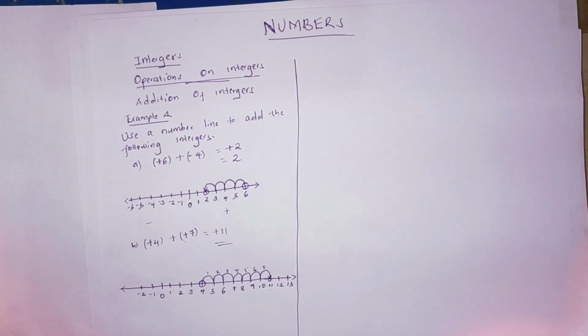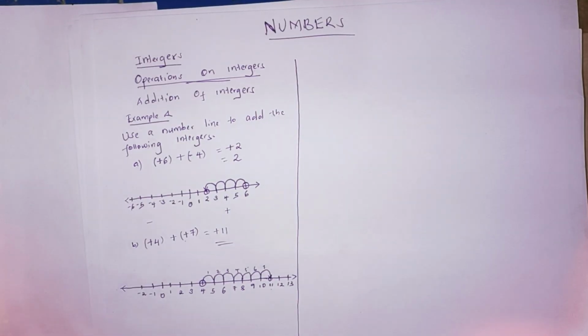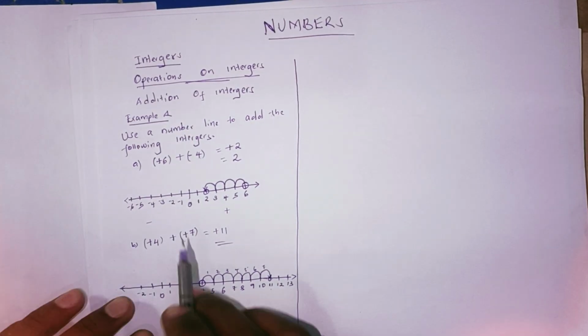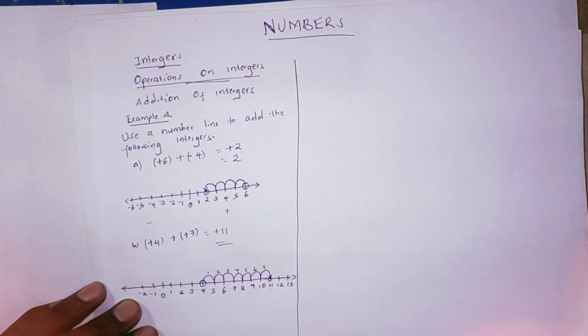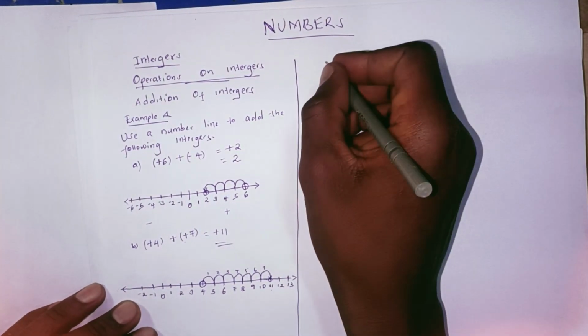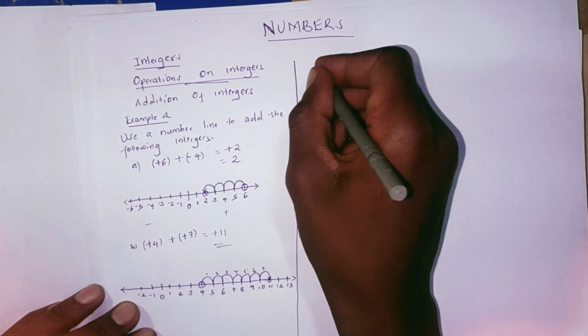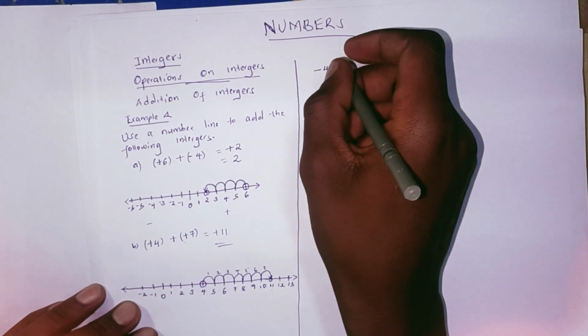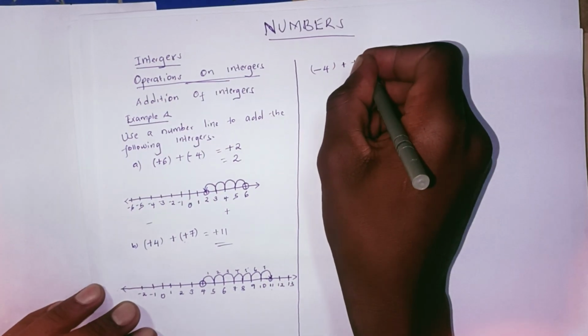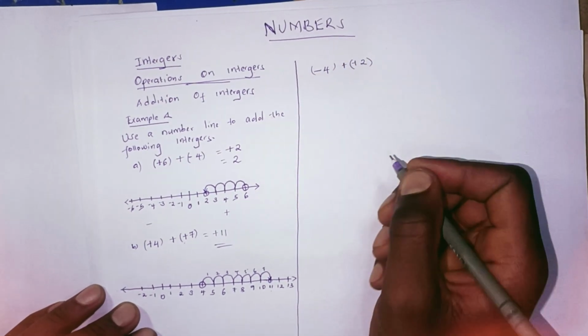Then I am sure that with this operation, you can tackle any other problem. I began with +6, then -4. What if I begin with -4 plus +2?